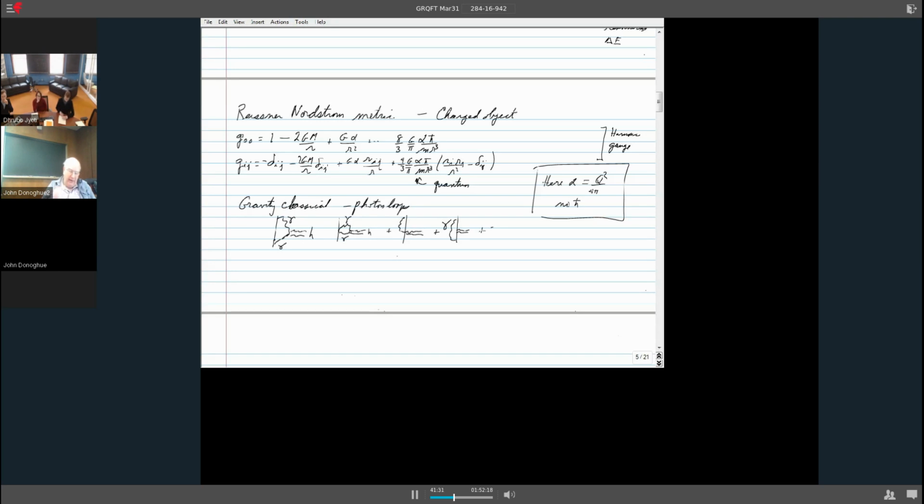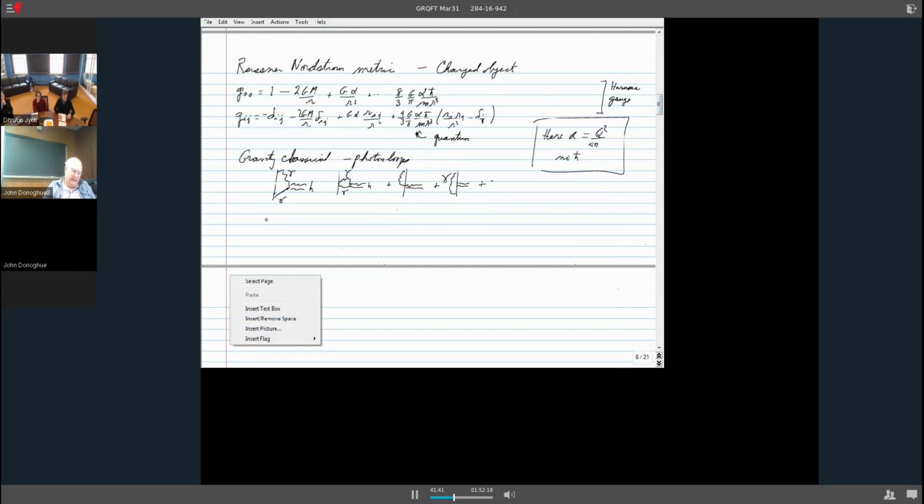Well, there's a diagram that looks like this: gamma, gamma, H. There's diagrams that look like that, there's diagrams that look like that, etc. So the nice thing about this is that it's just QED really. It's photons coupled up to charged particles. But this actually is the reason I want to talk about it, is it makes it easy to see what's going on.